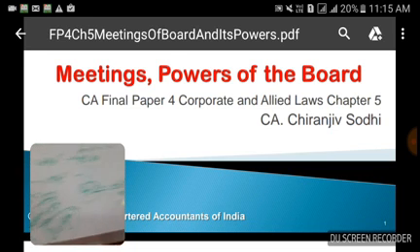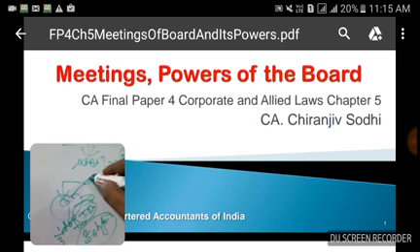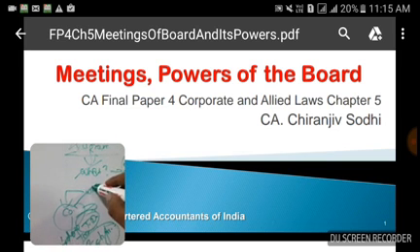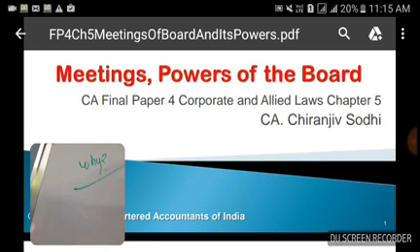So what quorum is, and what the provisions of the Act related to quorum are, were discussed, and why. If the provisions related to quorum were not incorporated in the Act, what would happen? Just one director could be present, comply with the provisions of the Act, and say, yes, I have complied, the board meeting was conducted as per the Act, the company is not liable and I am not liable for the penalty.